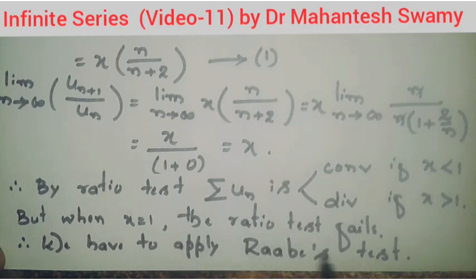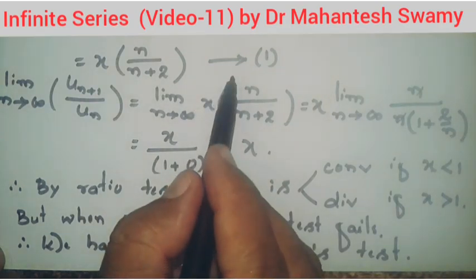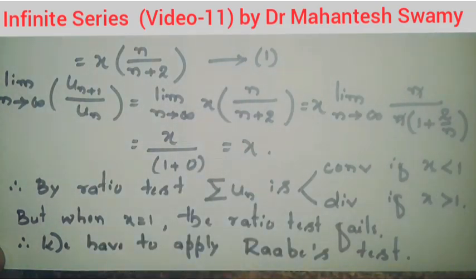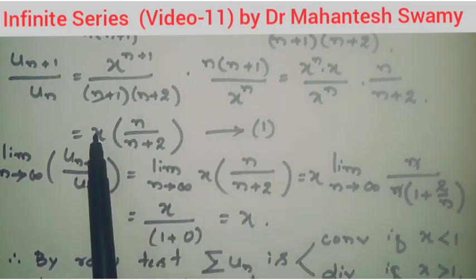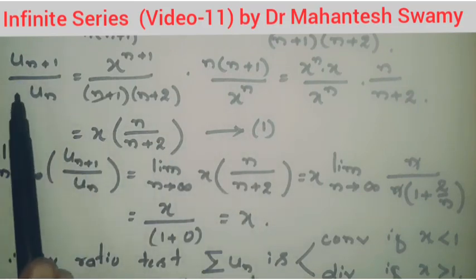Now, when x is equal to 1, what happens to equation number 1? Let us see. Since we are applying Raabe's test as a special case when x is equal to 1, I will use equation number 1 directly with x replaced by 1, and I will write it once again.